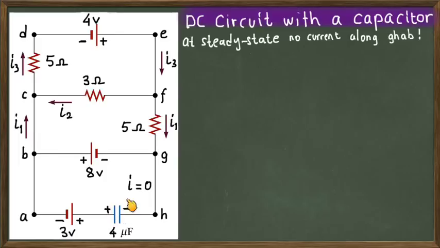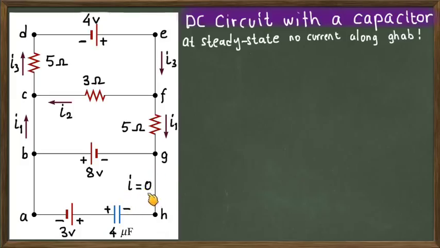Okay, so this is the case here. When you have this multi-loop circuit, and on this branch, where the branch has B, A, H, and G, after a certain time, when the capacitor is fully charged, there will be no current flowing, and we have already denoted this condition here by putting the current on B, A, H, and G equal to 0.